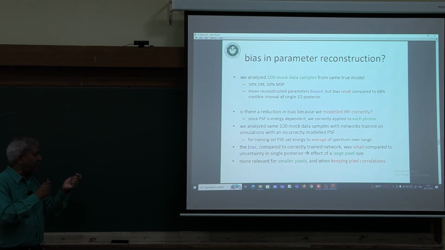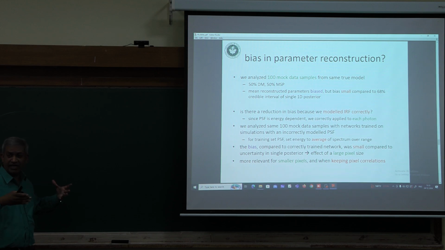It turns out the change in the bias is small compared to the uncertainty in a 1D posterior for a single data realization. That was the effect we were interested in. It ends up being small, and that's an effect of using a large pixel size. We only have 280 pixels.